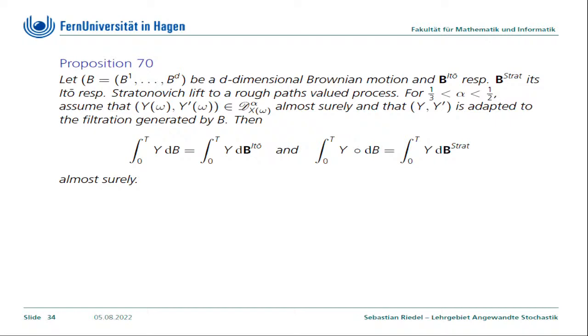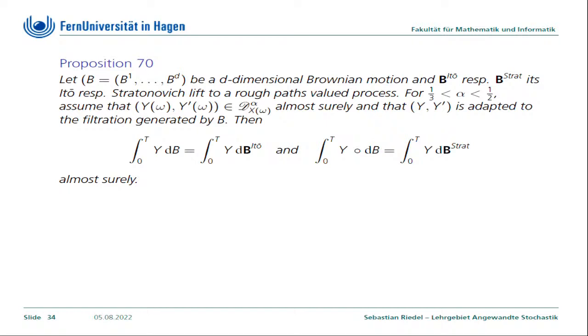So let's take a d-dimensional Brownian motion. Let's take these two lifts, either Ito or Stratonovich. So we have to be in the right regime here in the alpha. Then we have to take integrands that we can use for both integrals.